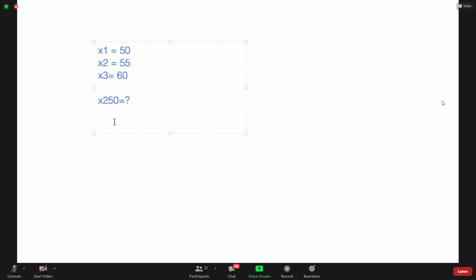The first step that I have to do is remember the formula of how to calculate any term of any arithmetic sequence. The term of any arithmetic sequence, x of t, will be calculated as the initial x, so x1, plus t minus 1 multiplied by the constant v.